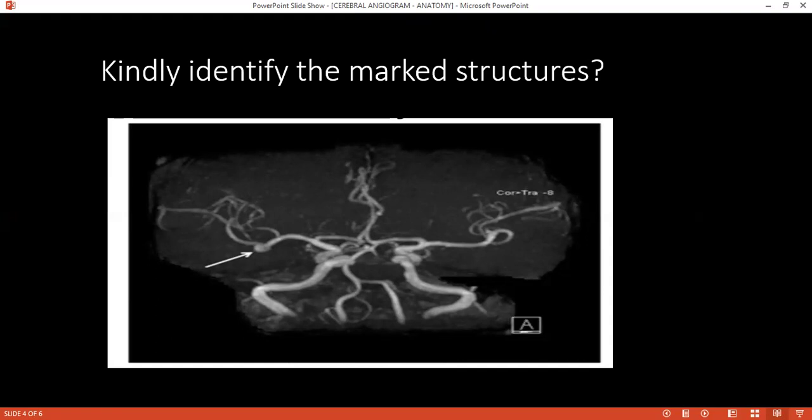Then it goes through the foramen magnum into the skull. Then it passes in front of the medulla and below the pons, and passes upward and medially. Before it reaches the pons, the two vertebral arteries communicate together to give the basilar artery.